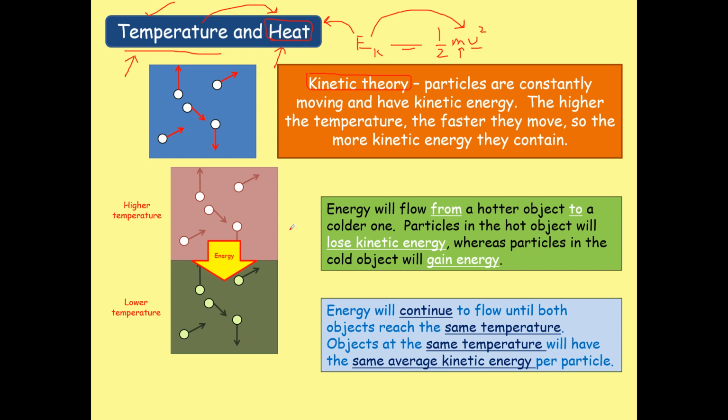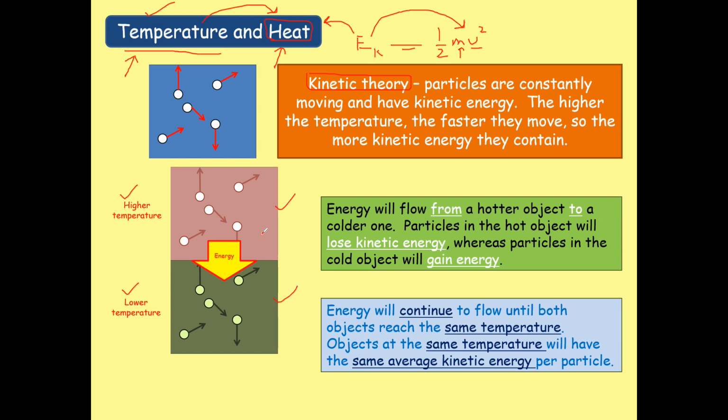Okay, now let's look into another factor. What is transfer of energy, right? So imagine we have one object which is at higher temperature, and we have another object which is at lower temperature. Now we always know that energy flows from a higher to a lower gradient, right? So over here, this is the higher gradient, and this is the lower gradient.